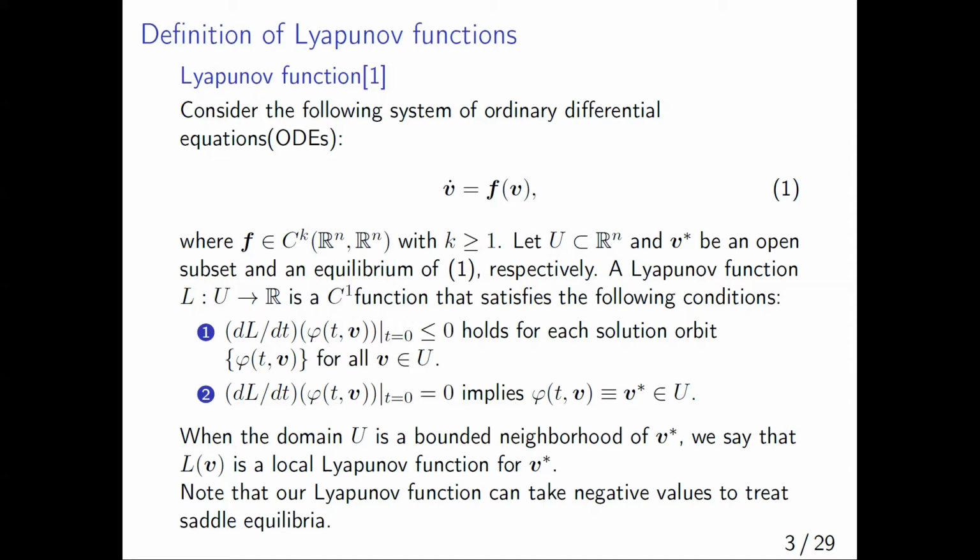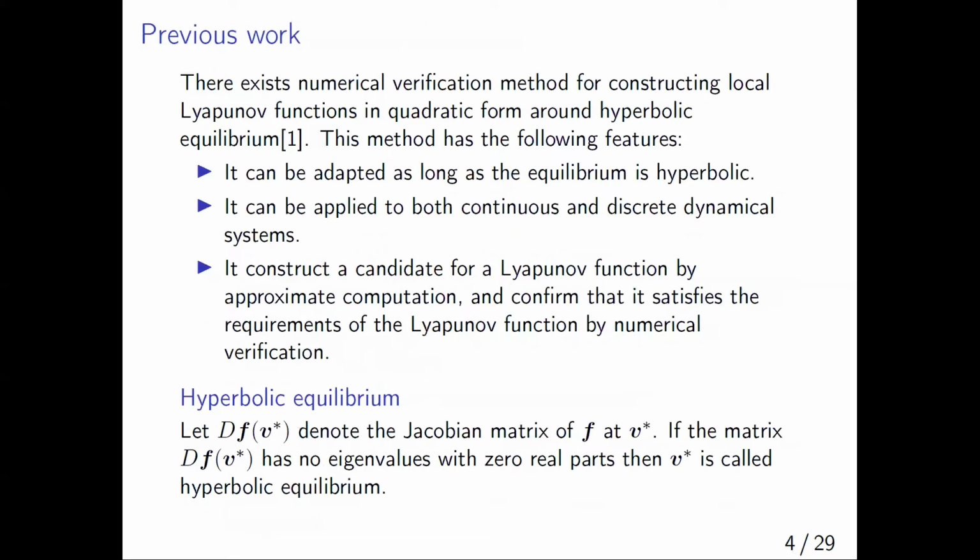We want to treat saddle equilibria, so our Lyapunov function can take negative values. As previous work, there exists a numerical verification method for constructing a local Lyapunov function in quadratic form around a hyperbolic equilibrium. These are features of the method.